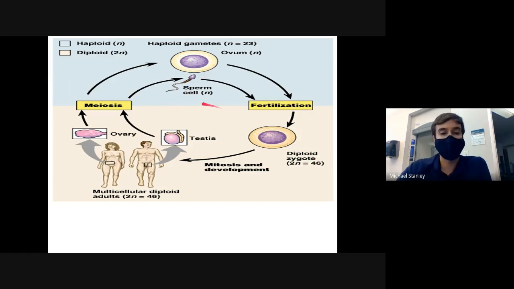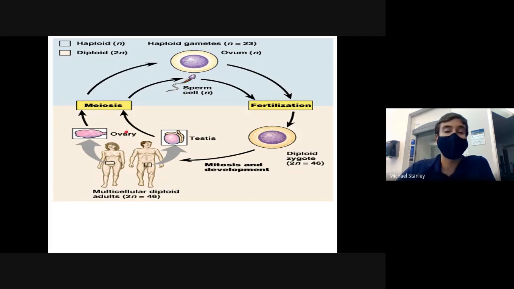So we have to make sure that we have two haploid cells come together so that you can have your dad's set of 23 and your mom's set of 23 join up and produce a new set of 46. So then when the son or daughter grows up and is getting ready to have kids on their own, you start off with a diploid cell in either the testes or the ovary where these are made. But then that has to produce haploid cells so that they can meet up to produce a new diploid cell.